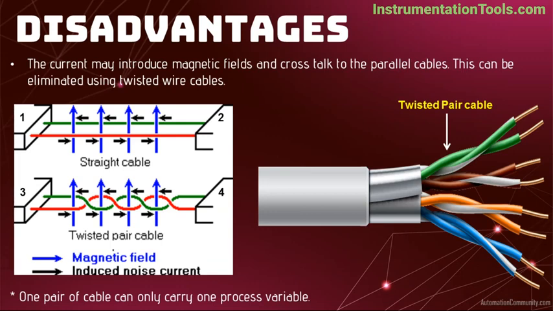This cable pair is twisted as shown in the right side image. By using twisted cables, magnetic fields induced in the 2 cables cancel against each other, and resolve the magnetic field problems. The second one is, each pair of cable carries only 1 process variable.